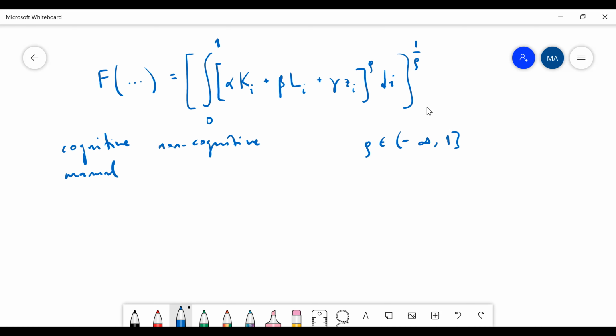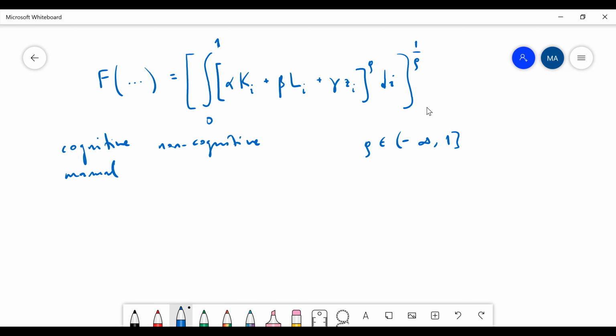Now rho determines the elasticity of substitution between the tasks, but within each task, they are perfectly substitutable. Of course, that also depends on their productivities or production shares.